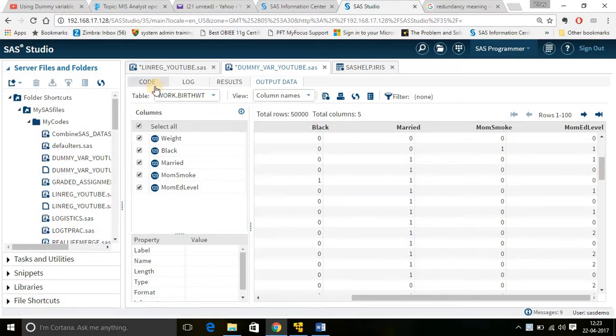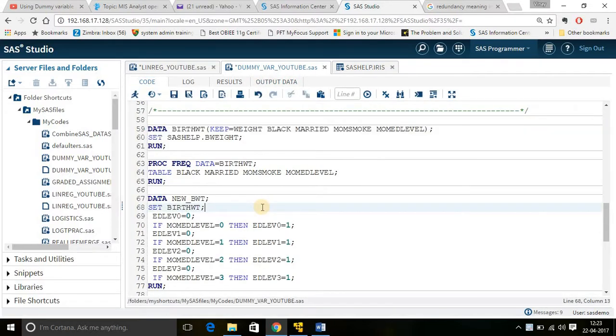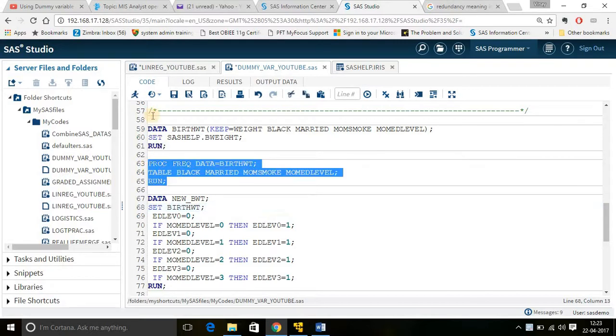So we have all these variables. Let's take a look at the frequency distribution of the categorical variables.